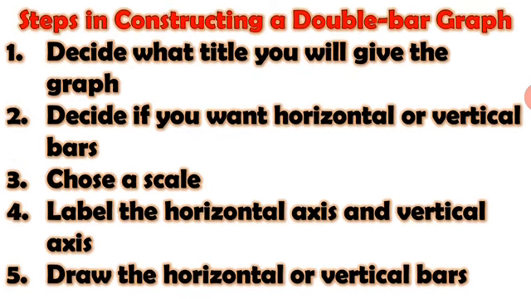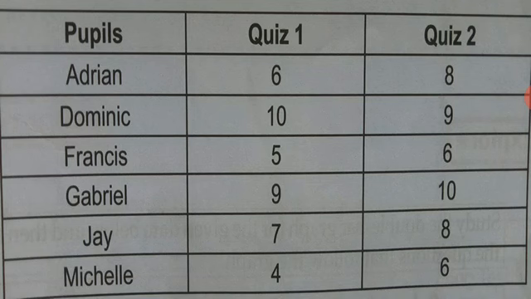You can see in the data that the highest for quiz 1 is 10 and the lowest is 4. For quiz 2, the highest is 10 and the lowest is 6.